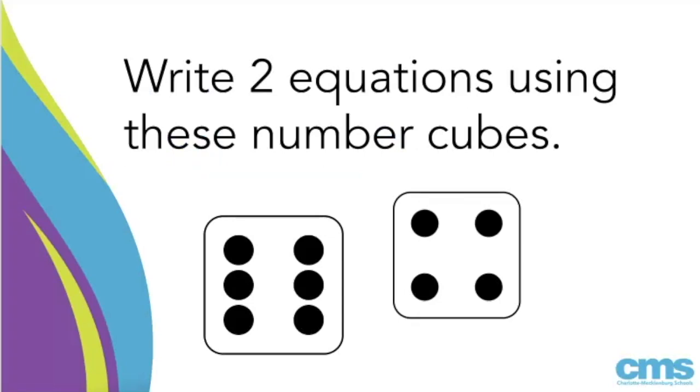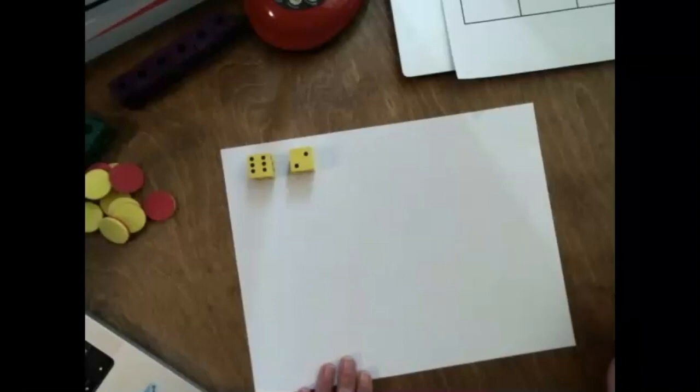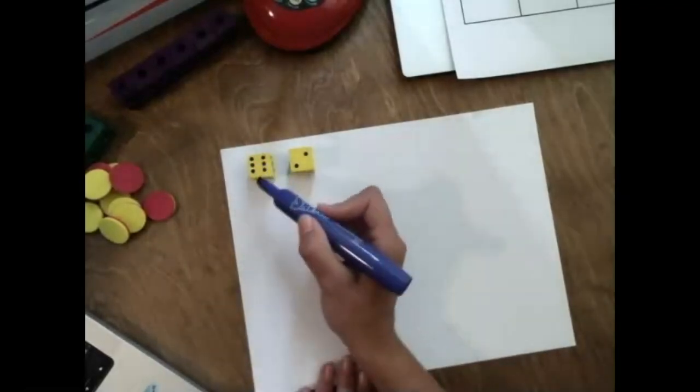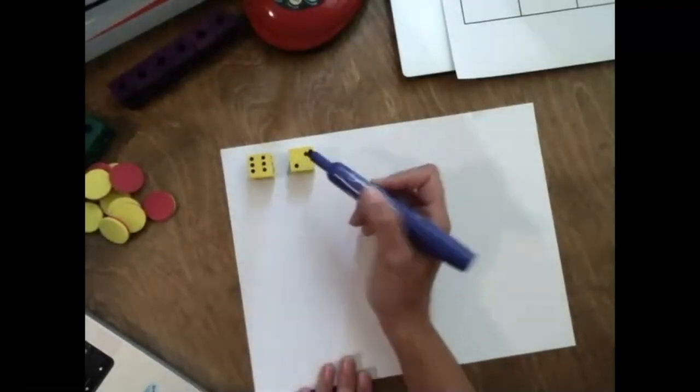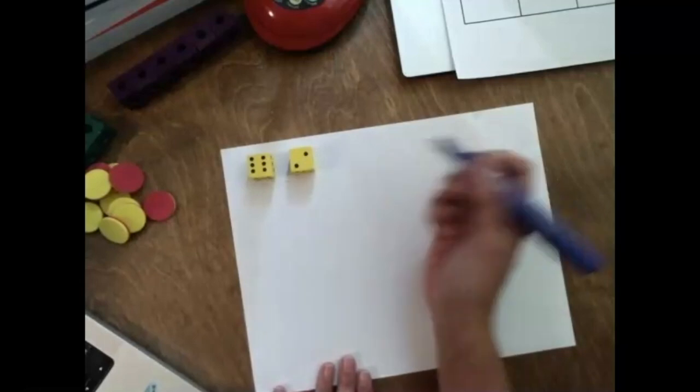Here is an example of what a student might see when talking about combining numbers and learning about equations. Let's think about the math tools students have the opportunity to use as they solve. So if I need to write 2 equations with these number cubes, I would look to count each dot on the cube, and I would see that there are 6 and then 2 here. So let's put those together.